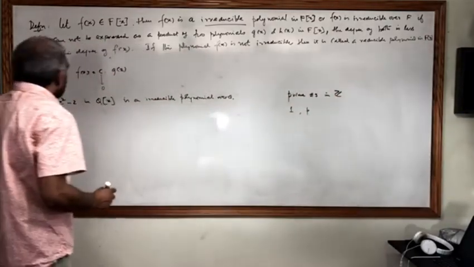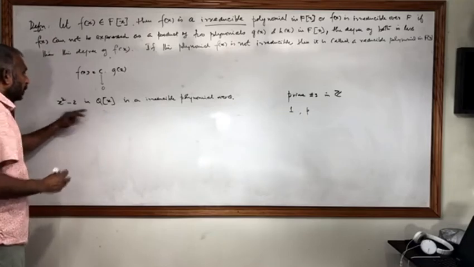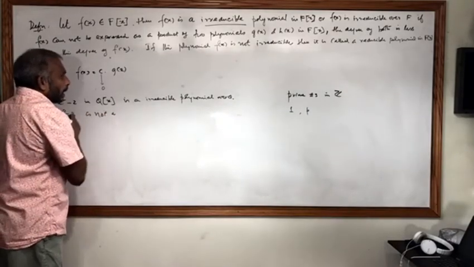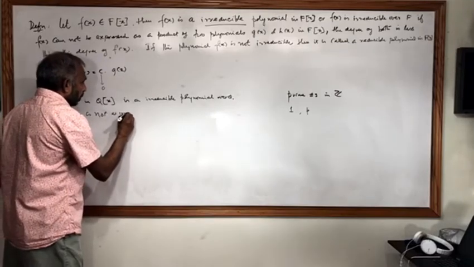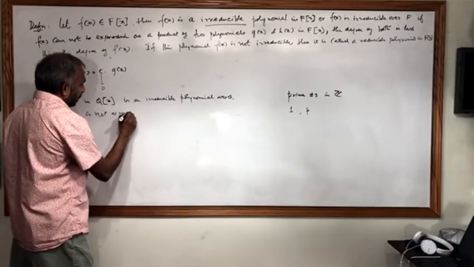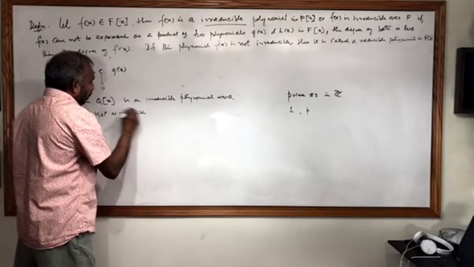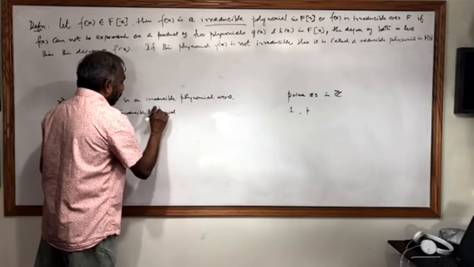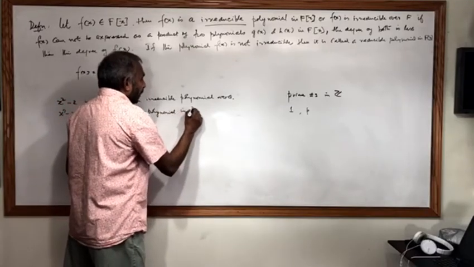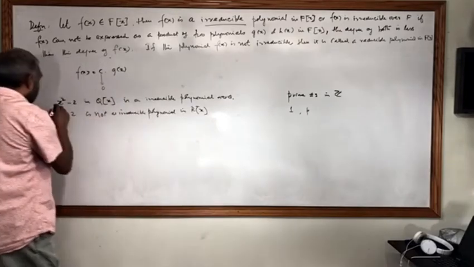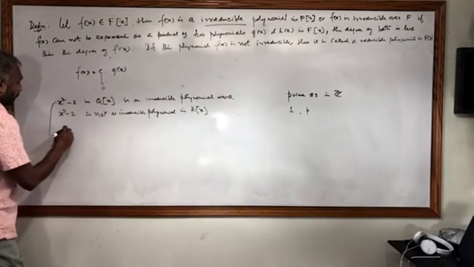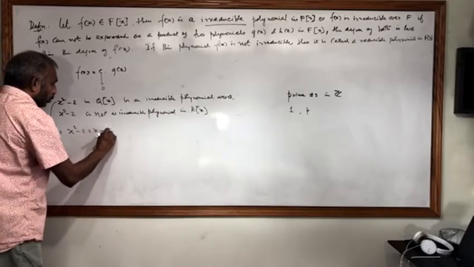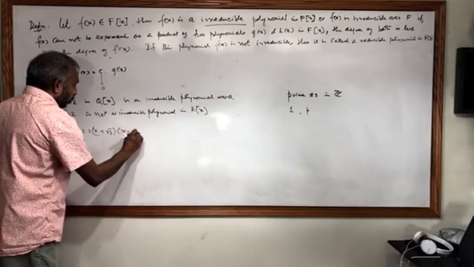So this is an irreducible polynomial in Q[x]. But x^2 minus 2 is not an irreducible polynomial in R[x], because you can still factorize this one as x^2 minus 2 is equal to (x plus root 2) times (x minus root 2).